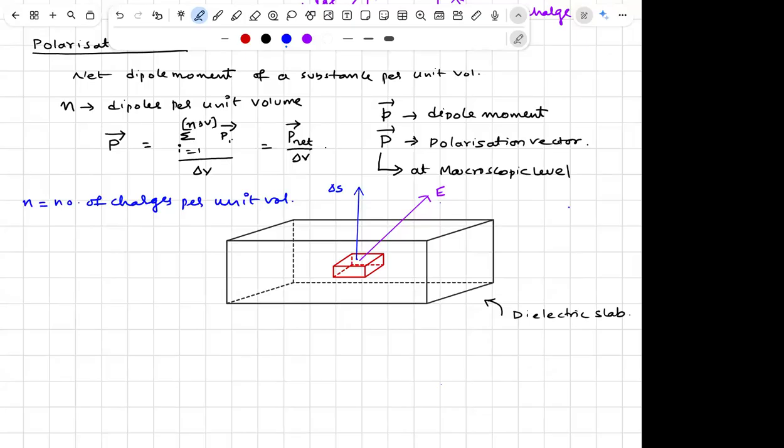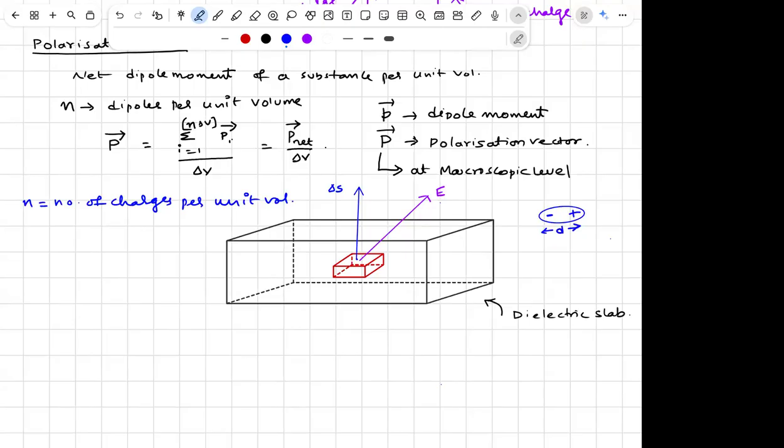I told you a molecule is a kind of arrangement of a minus and a plus. Let the distance of charge separation be d, like a dipole.